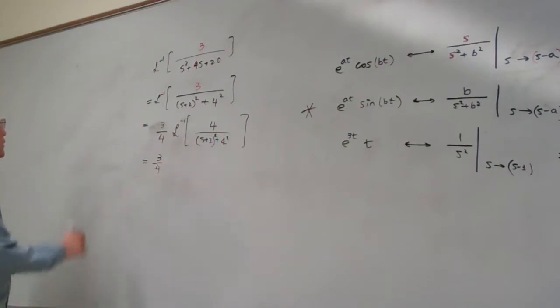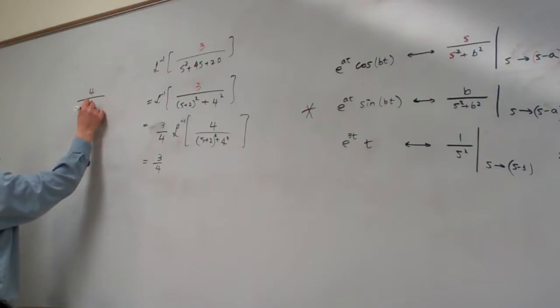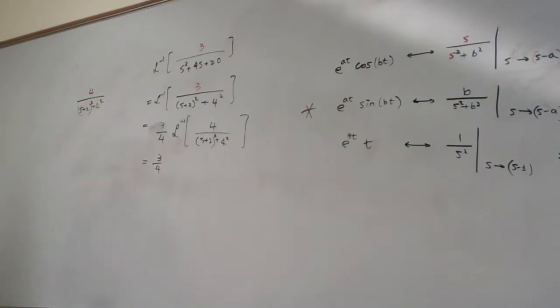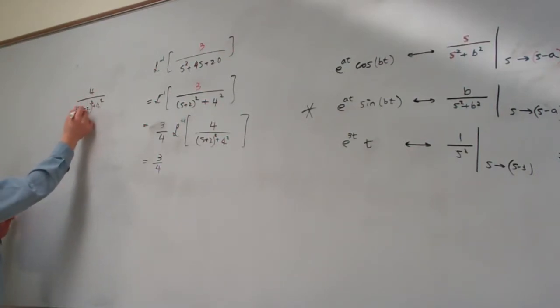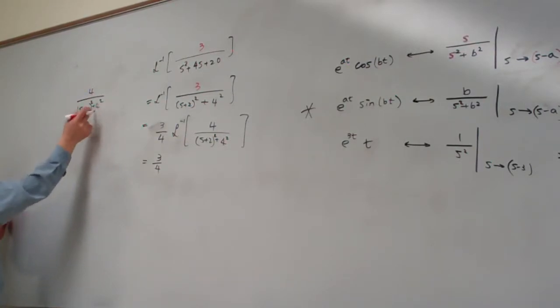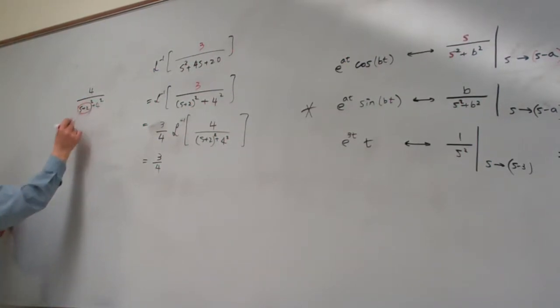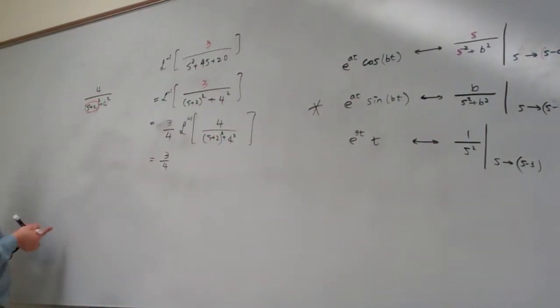So right now we have this 4 and (s plus 2) squared plus 4 squared. And how to do this? Again, if you look at this one, the numerator is a constant, and this is something squared plus 4 squared. You treat this one as the something, then you know this pattern.